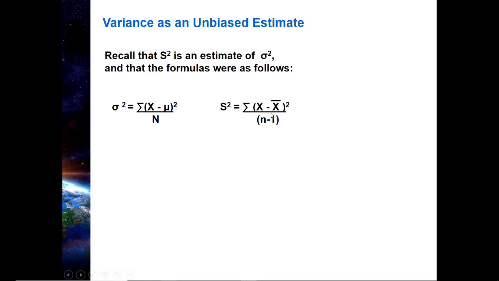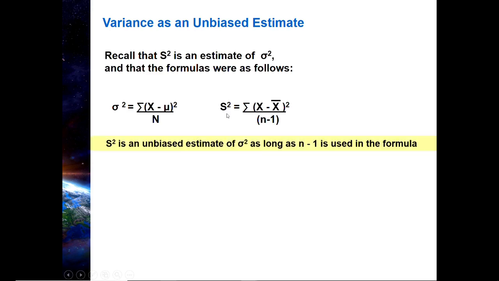If we didn't have the -1 here, then the variance of the sample would be biased. So as long as we include the -1, s squared is an unbiased estimate of sigma squared.